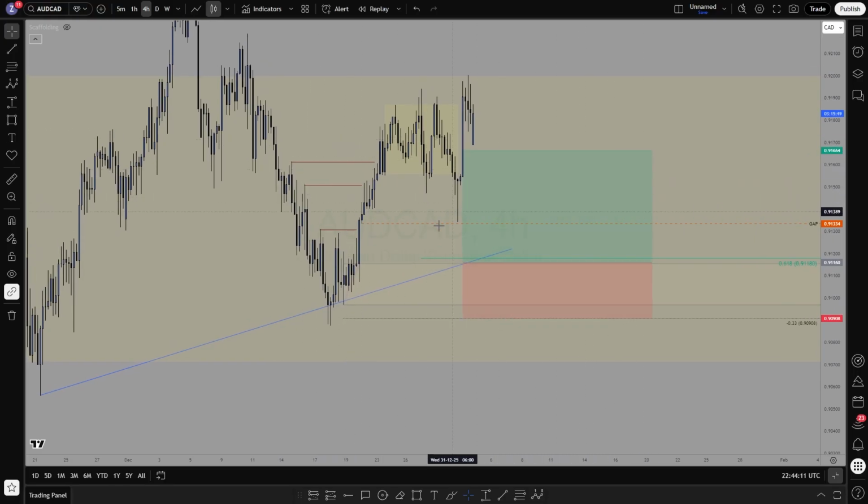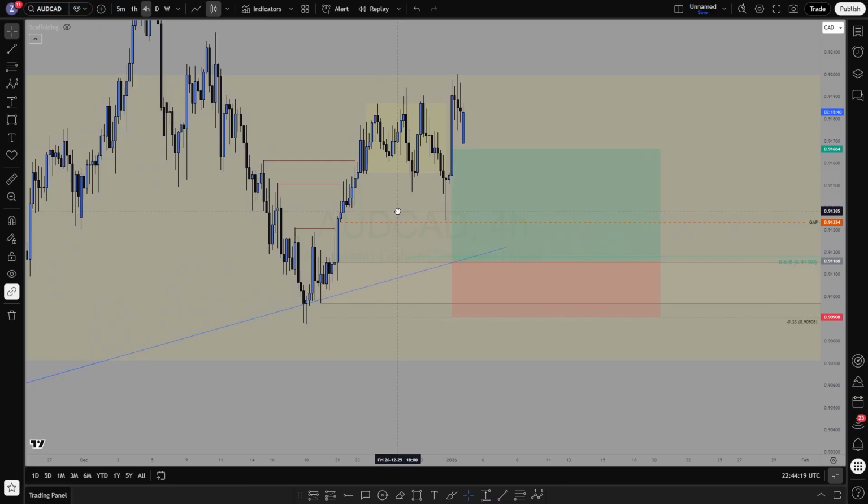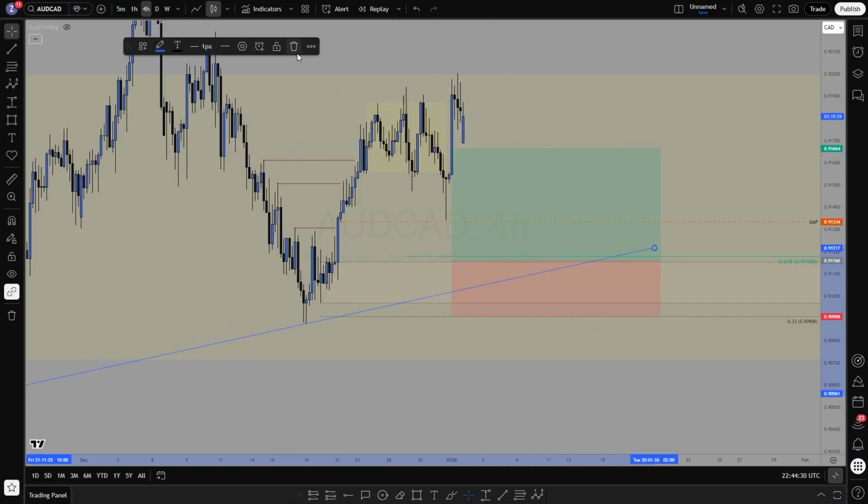So we're on the 4 hour, and we've got CBF 61.8 alignment, and in addition to that, potential for a reaction against the PML from November lows, which could be adjusted like so.